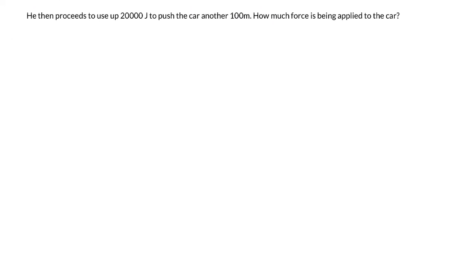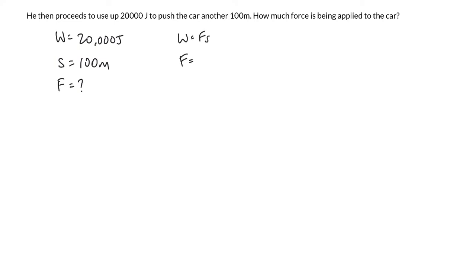He then proceeds to use up 20,000 joules to push the car another 100 meters. How much force is being applied to the car? Again, the work or the energy that he's used up is 20,000 joules, so much less than what he was using before. How far has he gone? 100 meters. And we want to know what force he is pushing with. So we have to use that equation. W is equal to Fs.